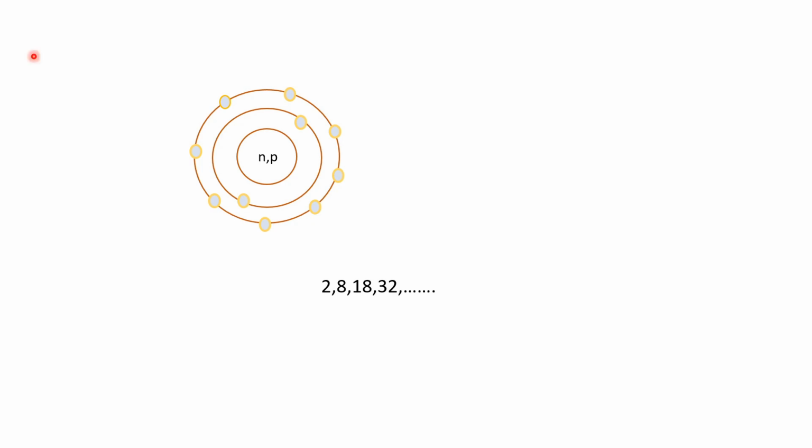Now this arrangement of electrons in the orbits is known as the electronic configuration of an atom, and it is 2, 8, 18, 32. That is, the maximum number of electrons in the first orbit should be 2. Less than 2 can be accommodated, but more than 2 is not allowed. And the same is the case with the other orbitals also. Like in the second orbit, only 8 are allowed, not more than 8.